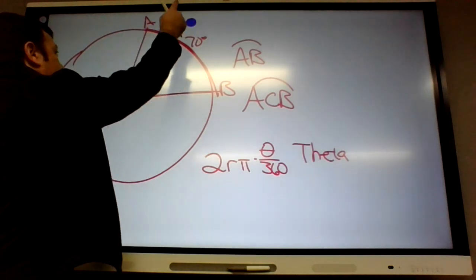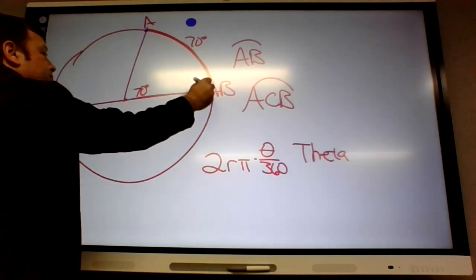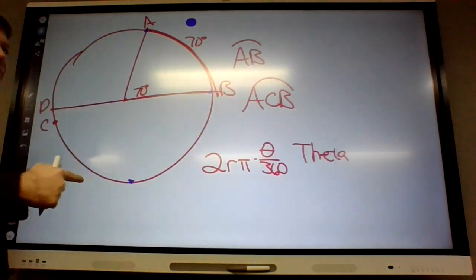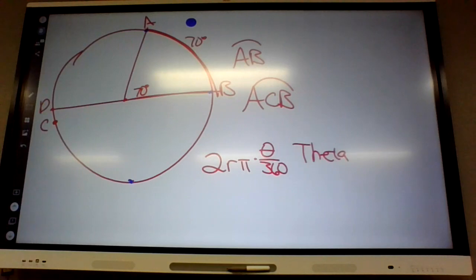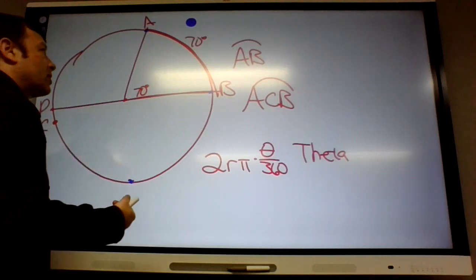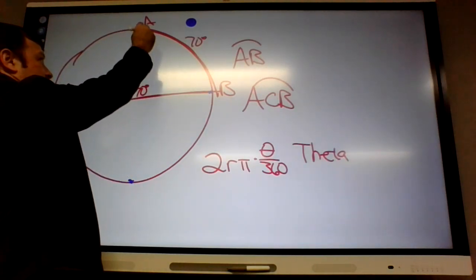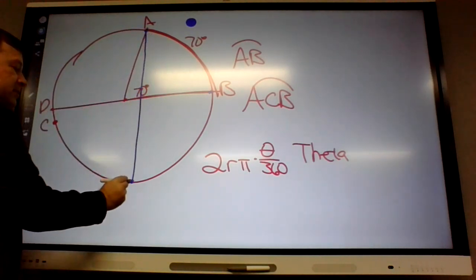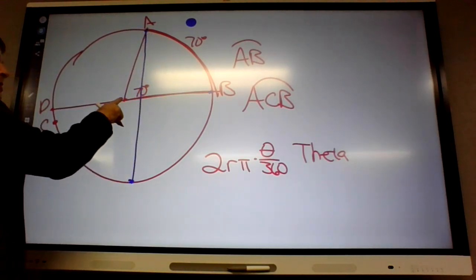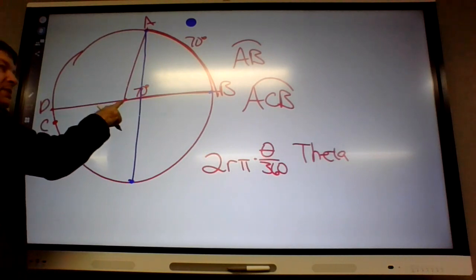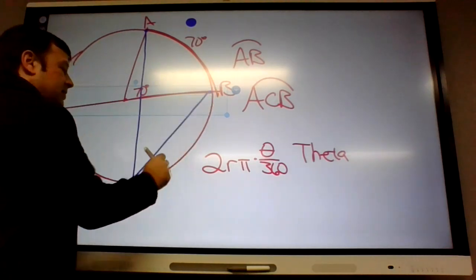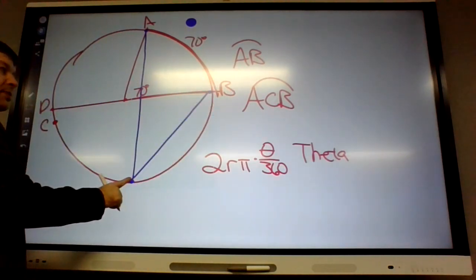So an inscribed angle, you remember inscribed meant a shape that's drawn inside something else. An inscribed angle has its vertex on the circle. A central angle's vertex is the center of the circle.